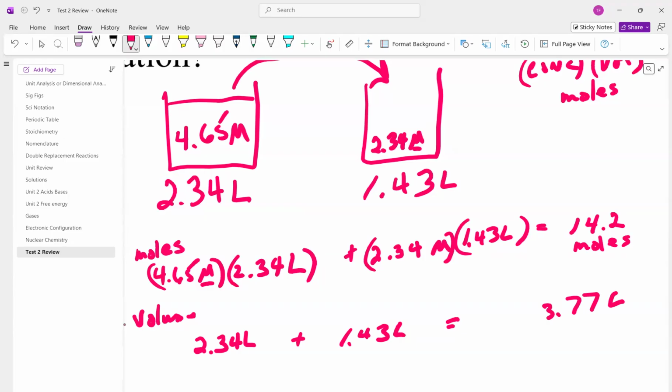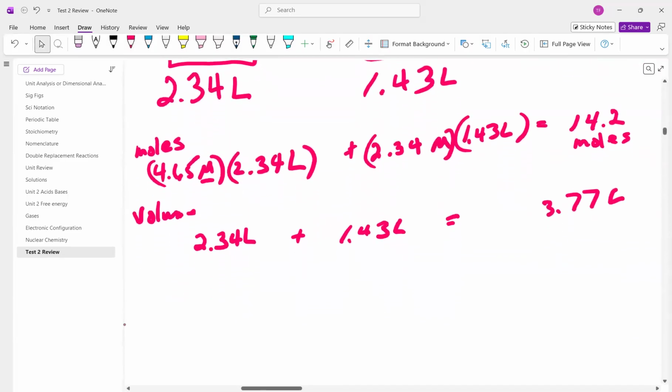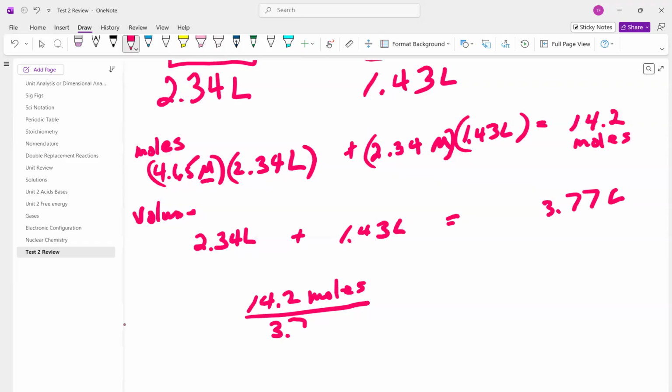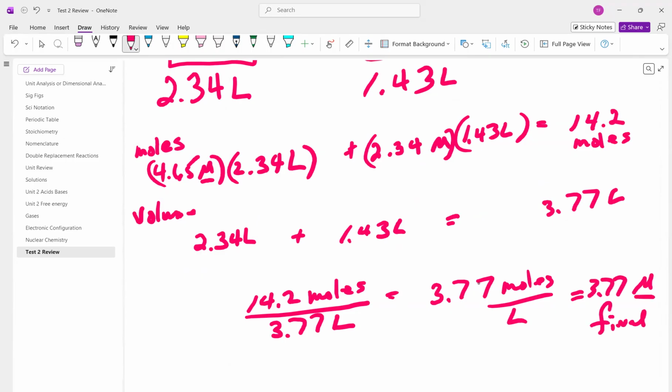Okay, now we have moles per liter. So all these combination deals, you need to look at moles when combined, volume when combined.